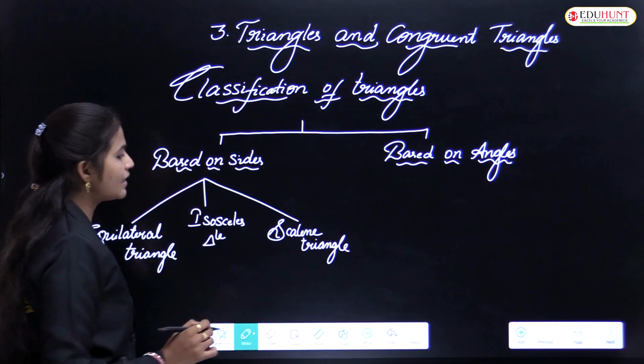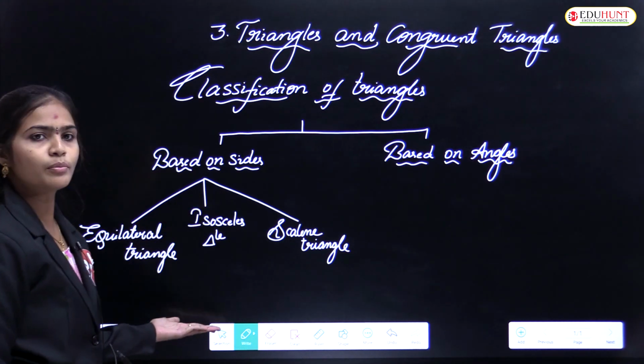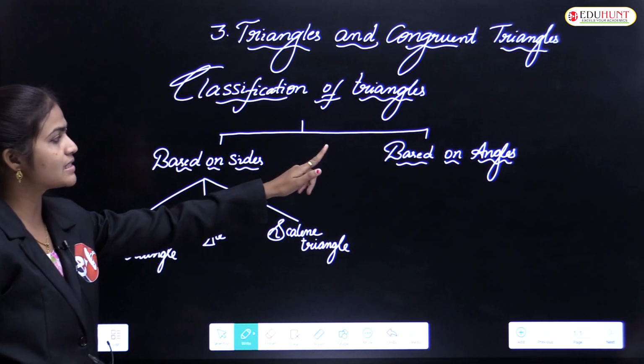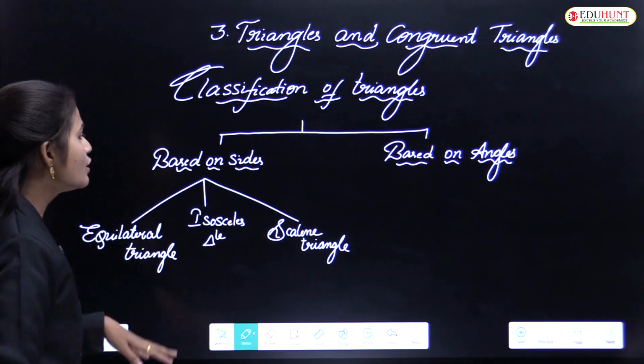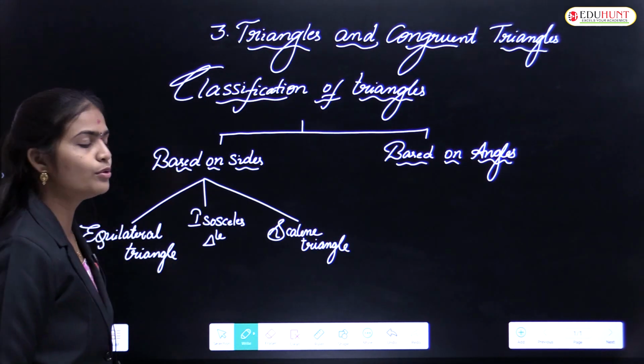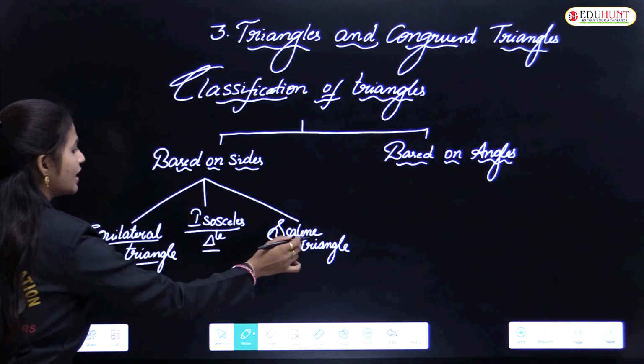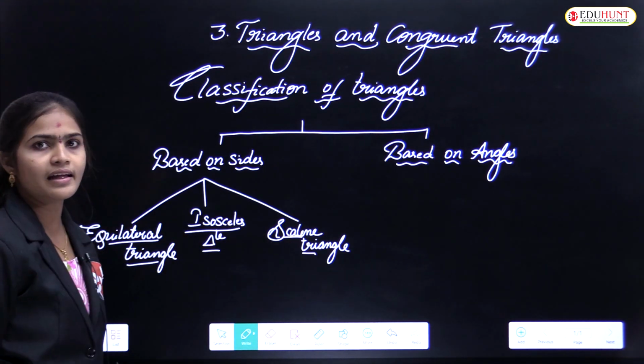These are the types of triangles based on sides. First we will discuss based on sides, later we will discuss based on angles. So the first one is equilateral triangle, next isosceles triangle, and the third scalene triangle.